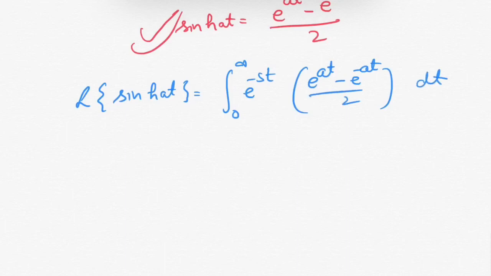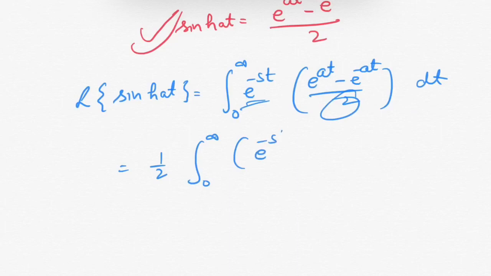Okay, so taking this 2 outside the integration sign, we have 1 over 2 integration from 0 to infinity, multiplying this e raised to power minus st inside the bracket, so we have e raised to power minus st into e raised to power at minus e raised to power minus st into e raised to power minus at dt.